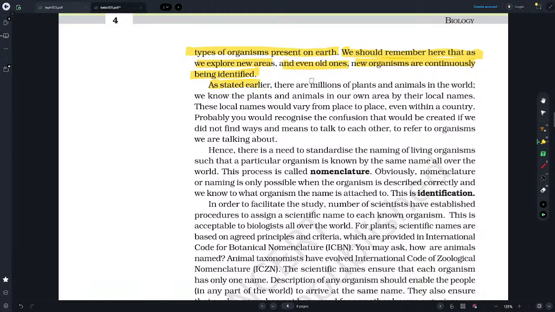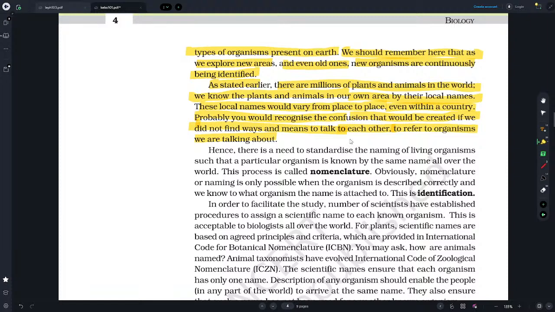As stated earlier, there are millions of plants and animals in the world. We know the plants and animals in our own area by their local names. These local names would vary from place to place. Even within a country, probably you would recognize the confusion that would be created if we did not find ways and means to talk to each other, to refer to the organisms we are talking about.